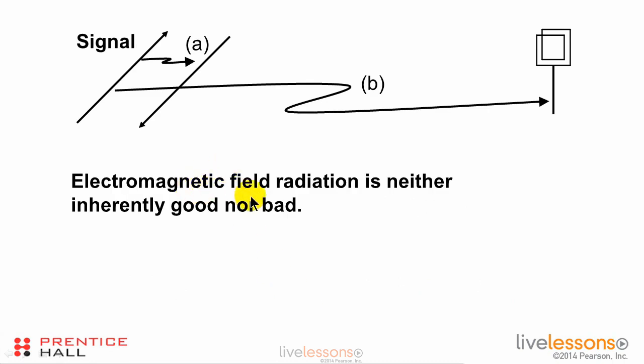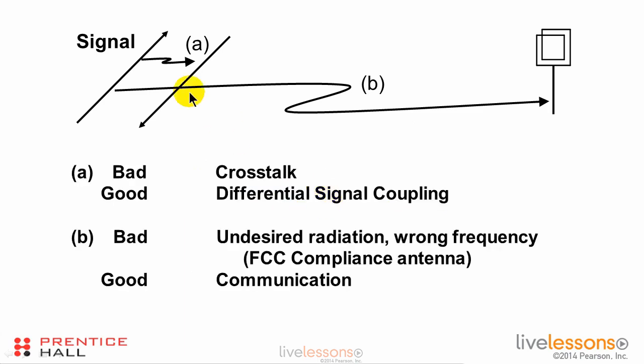Now, the electromagnetic field, as we said before, is neither inherently good nor inherently bad. If it radiates into an adjacent trace and creates crosstalk, well, then that's bad. But if the adjacent trace is part of a differential pair, well, then differential signal coupling is good and the radiation is not bad.